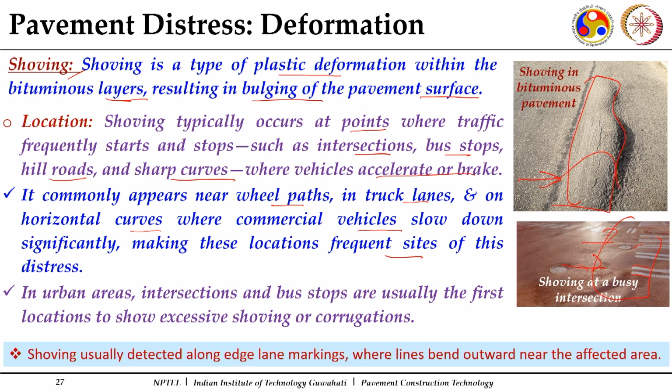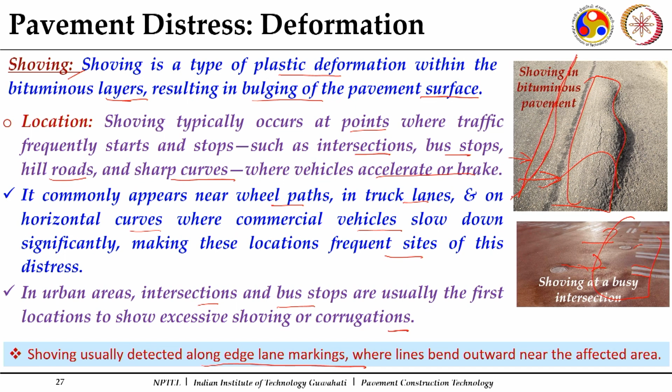In urban sections, where bus stops are there, these are the first locations which can experience this kind of distress, and as I mentioned, you can detect it by the edge line markings where the lines bend. When shoving is there, these edge line markings will get disturbed.